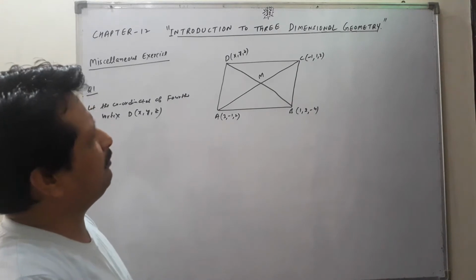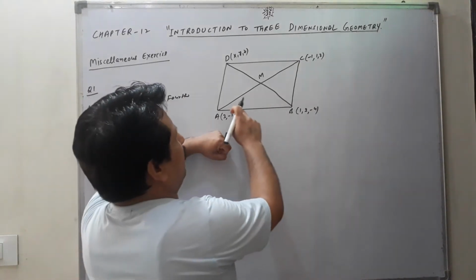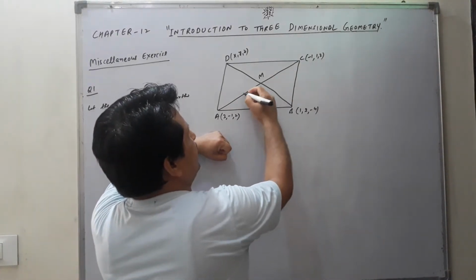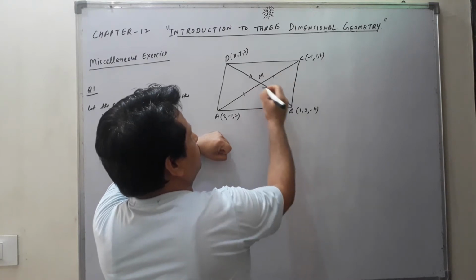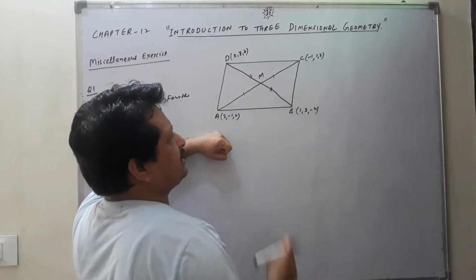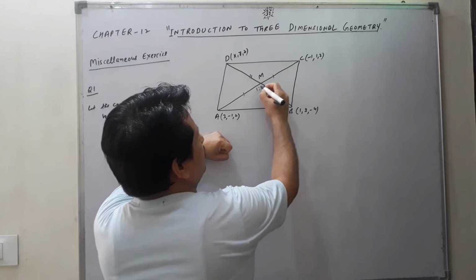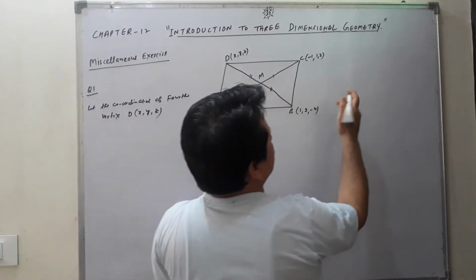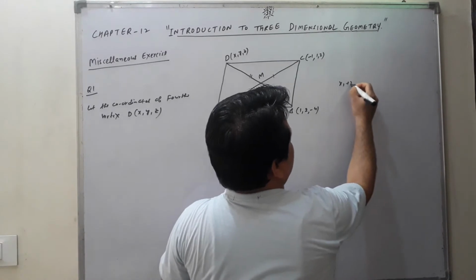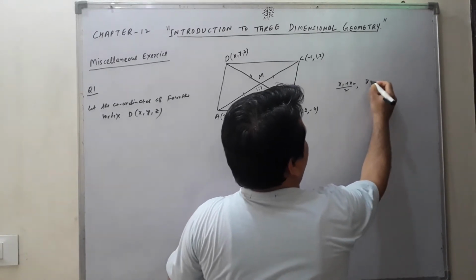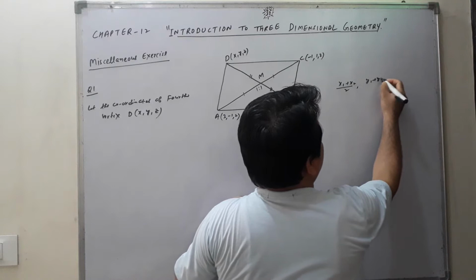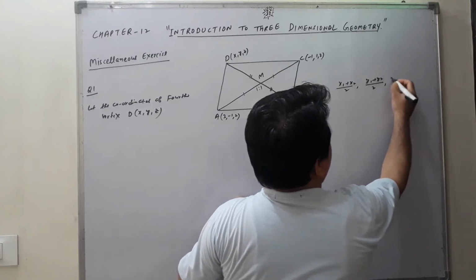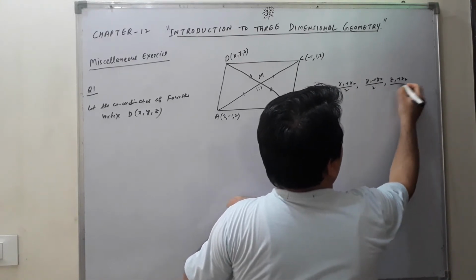Now students, the notable point is that in a parallelogram, its diagonals bisect each other. Means M is the midpoint, so the ratio will come as 1:1. So here we use the section formula, that is x1 plus x2 upon 2, y1 plus y2 upon 2 and z1 plus z2 upon 2.